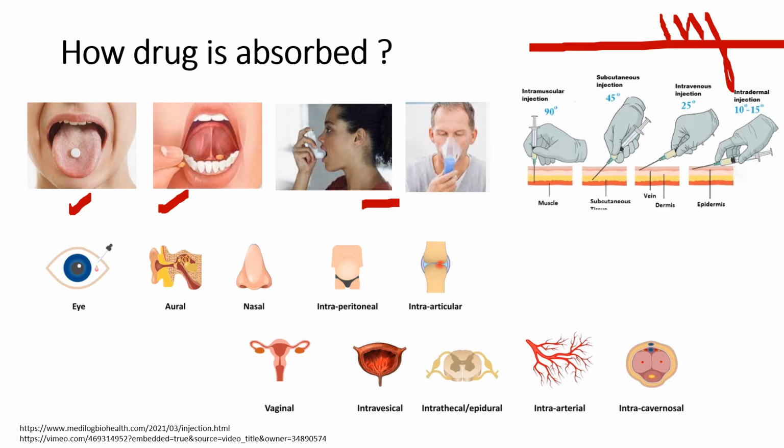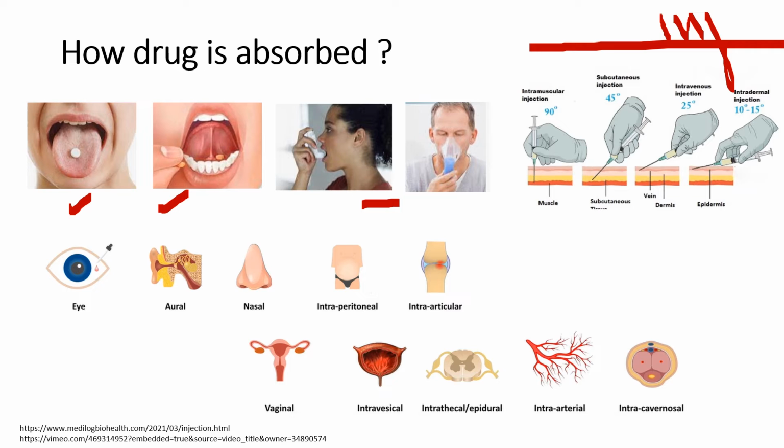The way the drug is given will affect the way it is absorbed in the body. Similarly, there are other ways the drug is given, like in the eye, in the ear, nasal, intraperitoneal, intraarticular in case of rheumatoid arthritis, and vaginal, where some types of hormonal drugs are used. Intravesical, like BCG, is one of the most common examples. Intrathecal and epidural are given in anesthesia, intraarterial is also given, as well as intracavernous.